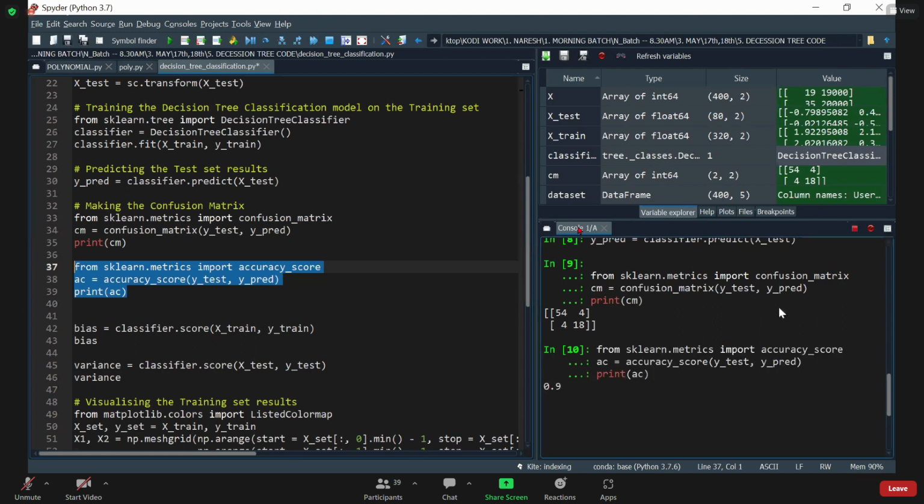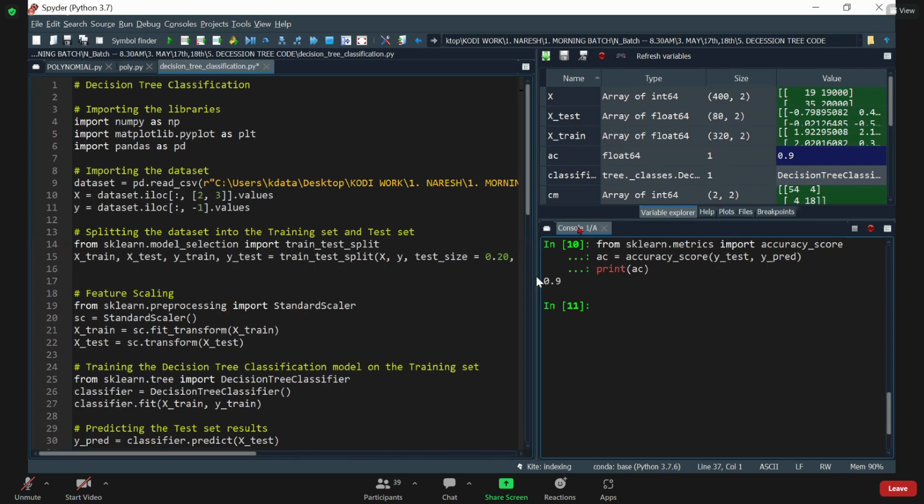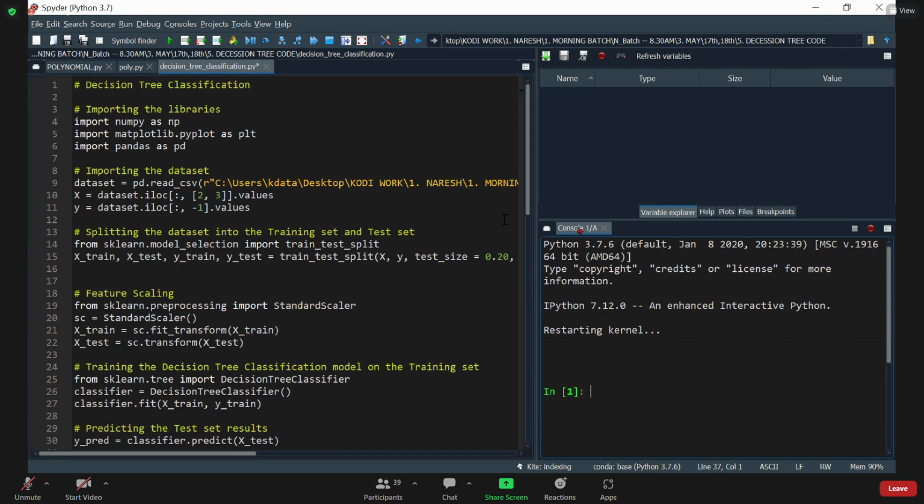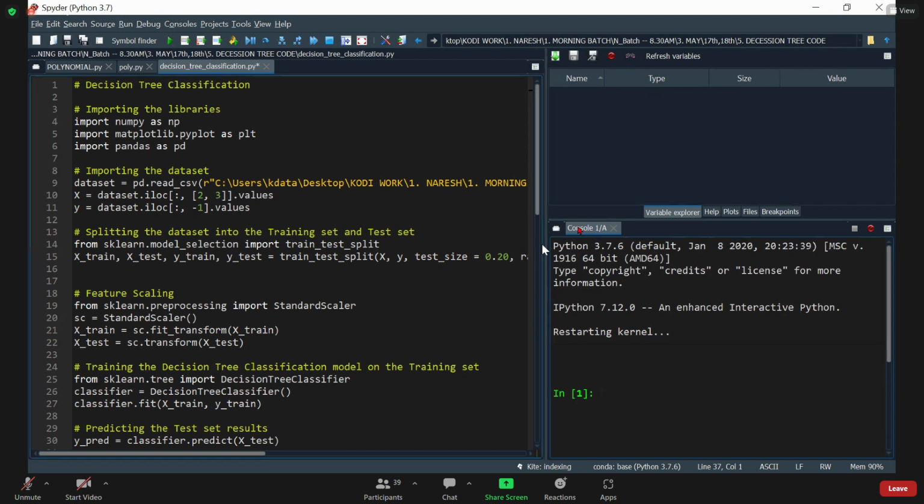So let's run another time, restart the kernel. Did you see, guys, how the accuracies fluctuate? This is actually the problem, because you make a model so that in future, whenever you pass data, if the model varies, the prediction would be wrong, isn't it? Just one moment, I'll do one more time.